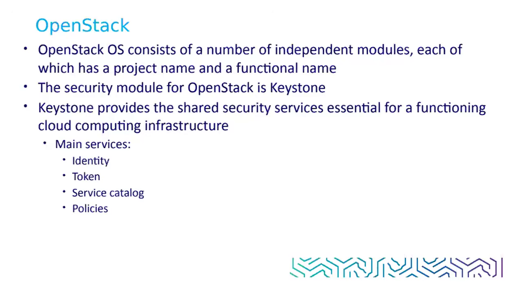OpenStack consists of many cloud services, and before the user can access these services, their identity must be verified. So Keystone performs this security function. For example, in our university, if we are using OpenStack to manage virtual machines, before an IT administrator creates a new virtual server, Keystone will verify the administrator's identity and permissions.